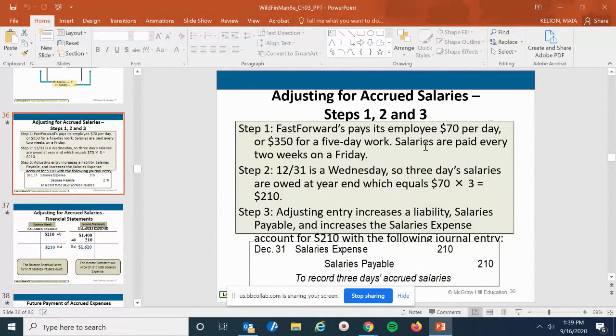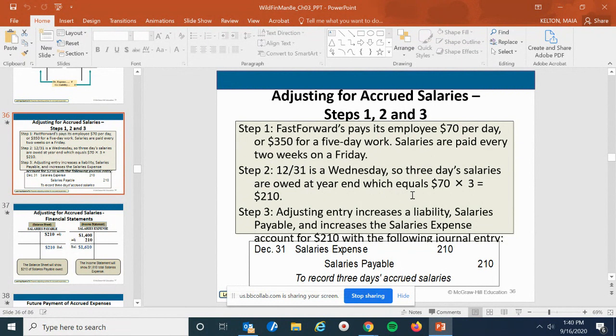So when the year end comes, 12/31 happens to be a Wednesday. On 12/31, the company has to close the books.